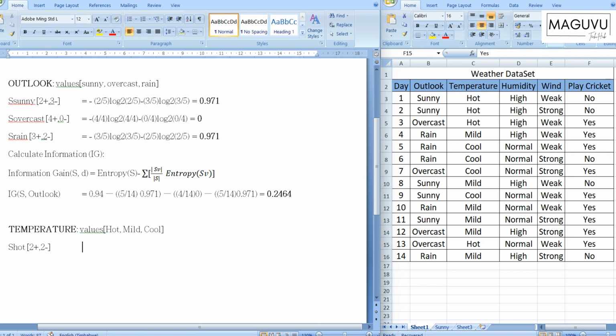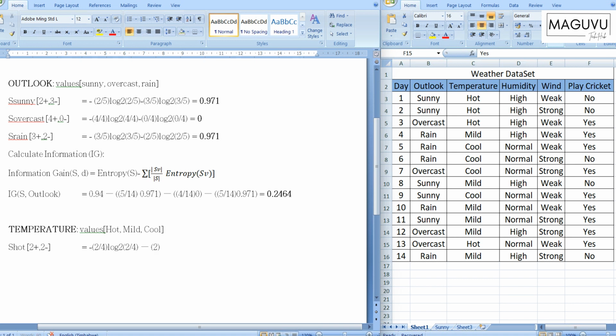And then we proceed to do the calculations to get the entropy, where we say 2 divided by 4, which is the total that we have there, then log 2 of 2 divided by 4, and then we also do that for the no's, which is the negative.